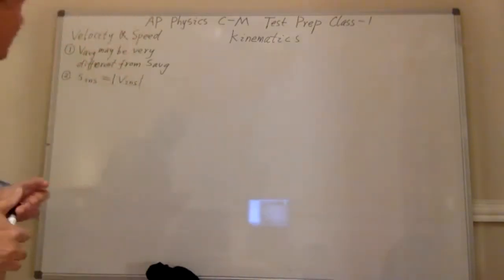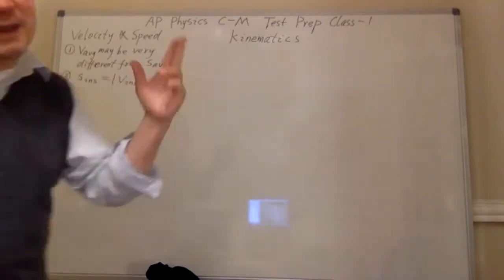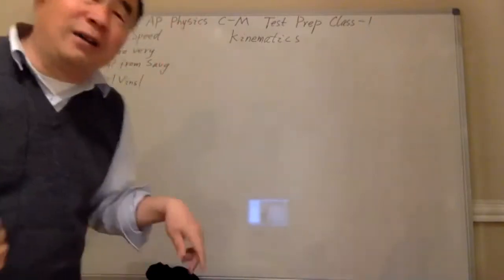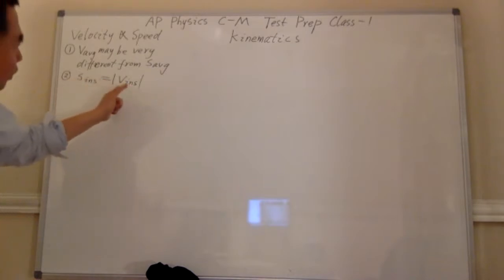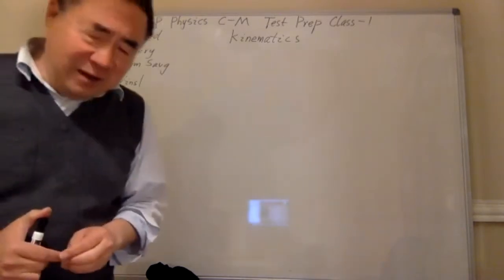I will give you an example; they may be very different on average. Later, when we learn kinetic energy or centripetal acceleration, I will talk about instantaneous speed, just the magnitude of instantaneous velocity. So that's velocity and speed you need to pay attention to.